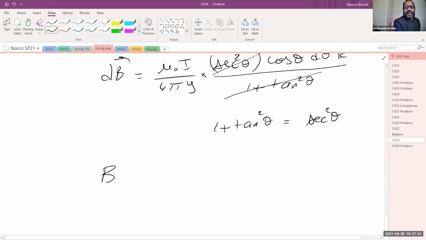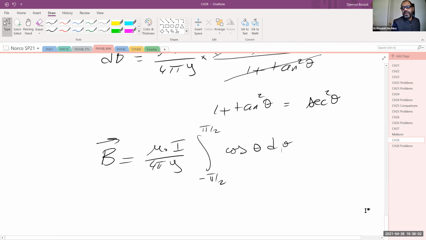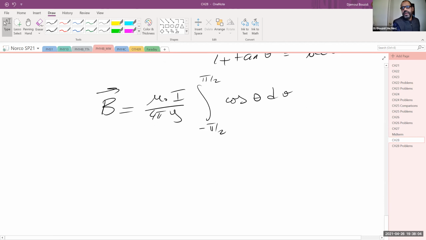Okay. So B now, the sum, is going to be mu naught I over 4 pi y, the integral from negative pi over 2 to positive pi over 2 of cos theta d theta. And that is just the sine of theta.